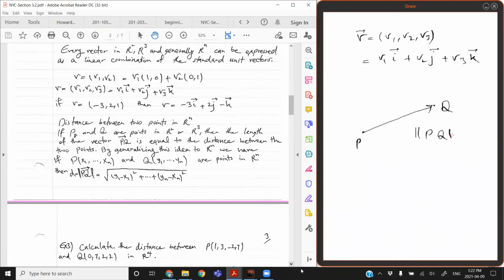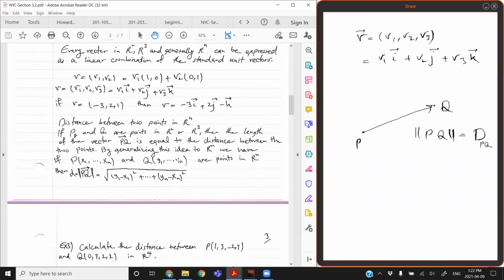So the norm of the vector PQ would be the distance between the points P and Q. Since norm is also defined for Rn, this can be generalized to Rn.